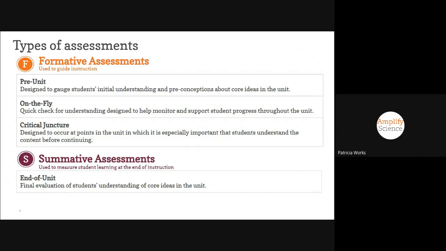The critical juncture assessments occur at the end of each chunk of instruction for the progress build level. Each assessment is designed to provide information about student learning progress, and it tells you ways to tailor instruction to meet student needs.